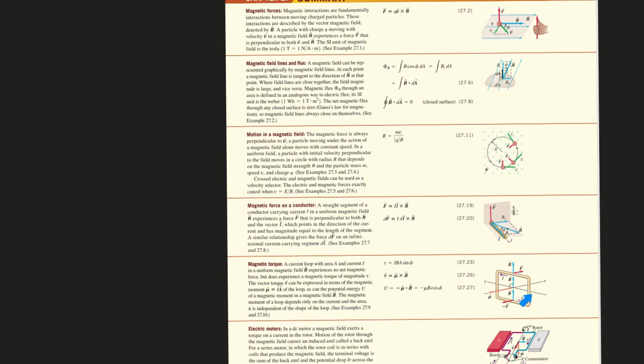They have current, they have electrons moving around in a circle. In this case, this is a rectangular loop, and a magnetic force is acting on the rectangular loop, and they produce a torque. We will find that the torque is mu cross B, and we will find that the potential energy is minus mu dot B.